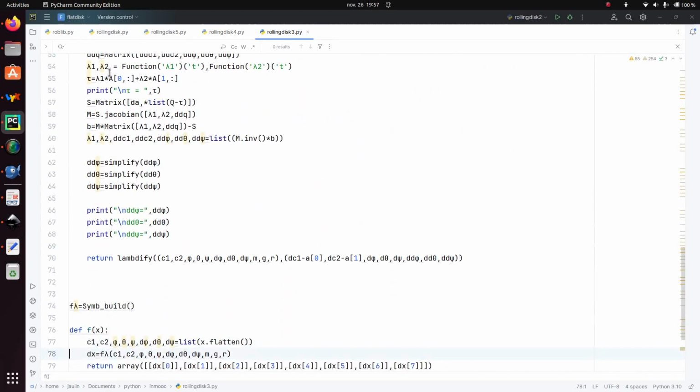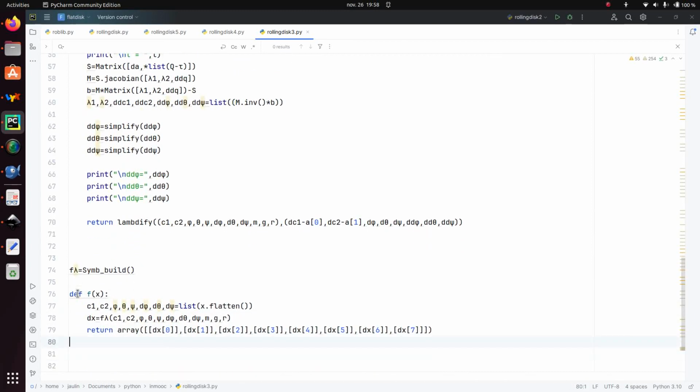It will build the expression for the derivative of my state variable, for the evolution function, and then I will lambdify, so create a Python function which takes the state variable with the parameters and returns the evolution, so the derivative of the state variable. So lambdify will return a function. This function, which corresponds to the evolution function of my dynamical system, is here. So SymBuild returns a Python function.